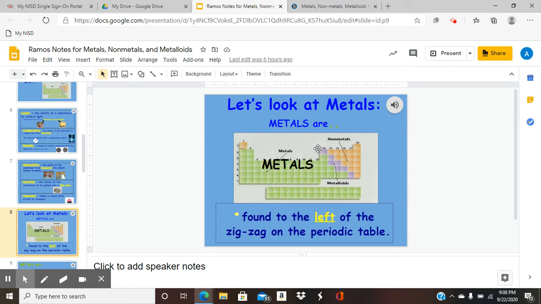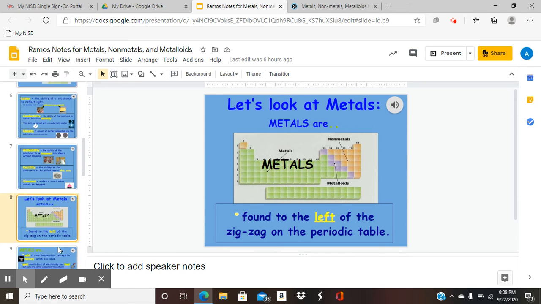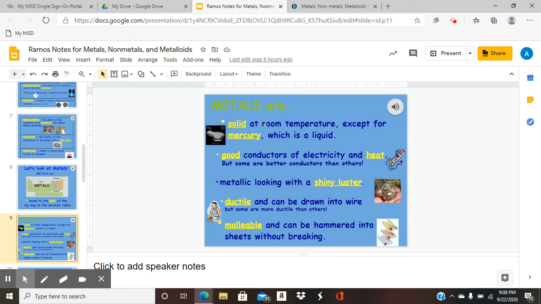So let's look at metals. Metals are found to the left of the zigzag on the periodic table. So everything that's green are your metals, and that also includes aluminum. Metals are solid at room temperature, except for mercury, which is a liquid, and they're very good conductors of electricity and heat.